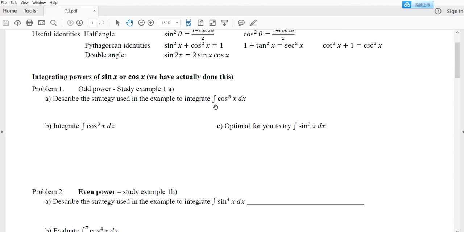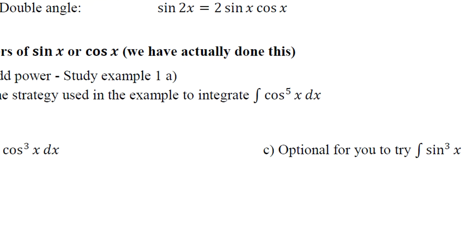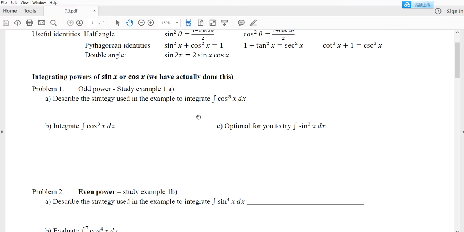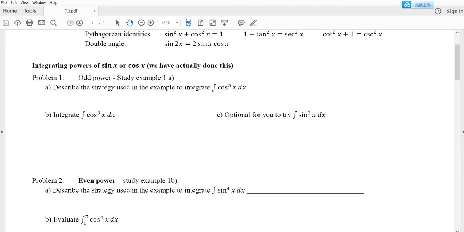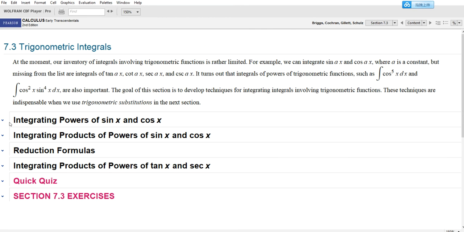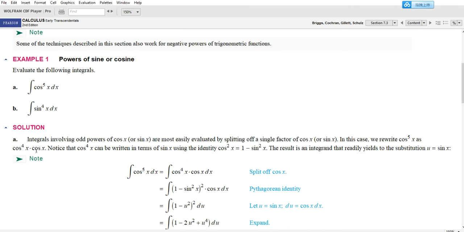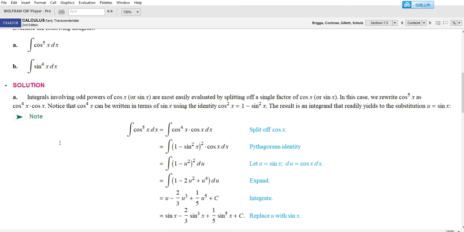Now let's begin with the first one. The book shows you how to do this one, and then also how to do sine x to the power 4. Okay, one is even, one is odd. I would suggest you take a look at the book examples. Oftentimes reading is a good thing. You can try to read by yourself.